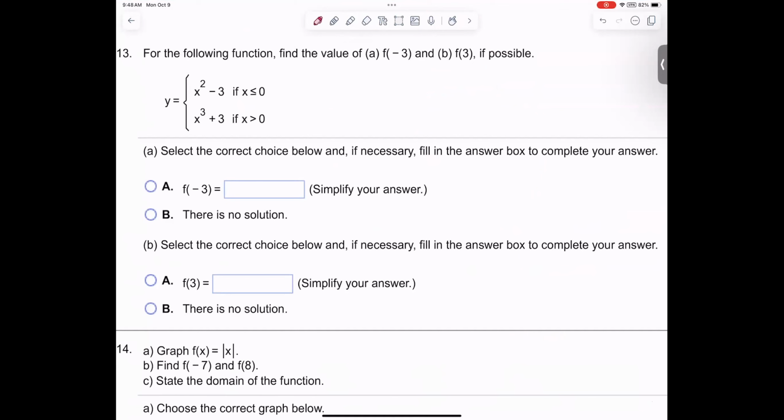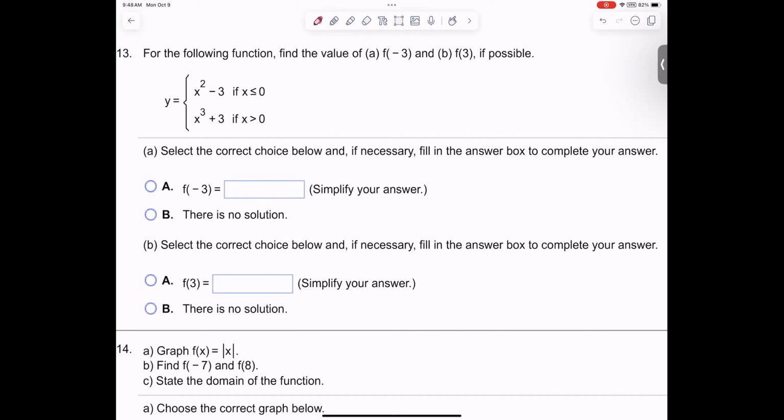Y equals x squared minus 3 for every value in the domain less than or equal to 0. So if x is 0 or smaller, then we're going to use the first part of this function to evaluate this function. If x is greater than 0, it's x to the third plus 3.